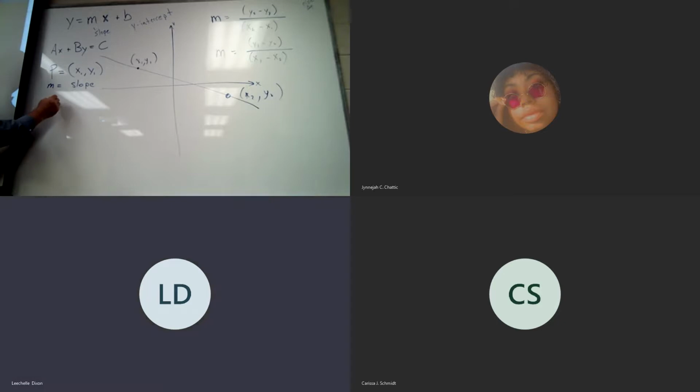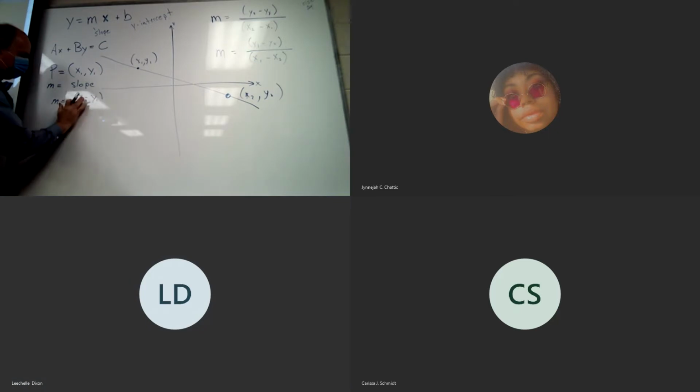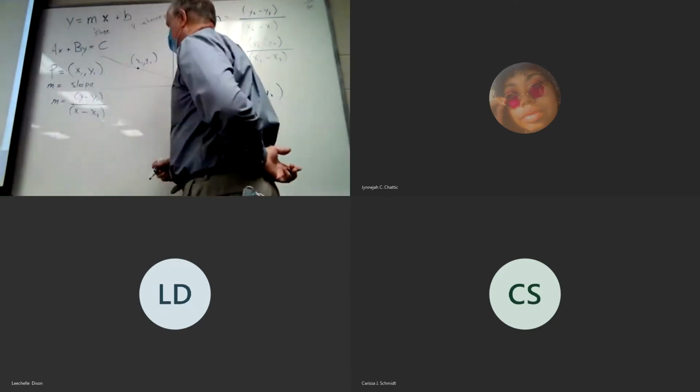I know that m equals, anytime I have a point x, y, y minus y1 over x minus x1 will give me my slope.